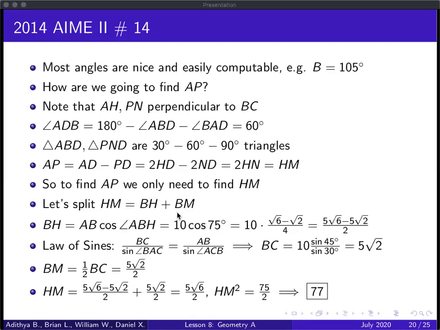Does anyone have any questions? If not, then let's move on to our next problem.